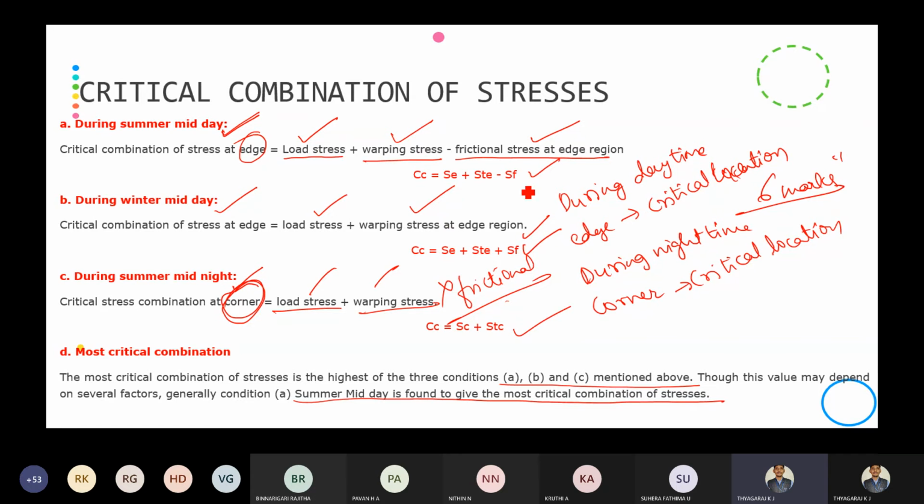That's why the summer midday is considered the critical combination of edge stress. So summer midday is the time where we can experience the most critical stress in the cement concrete pavement. During summer midday, the most critical stresses are going to occur.